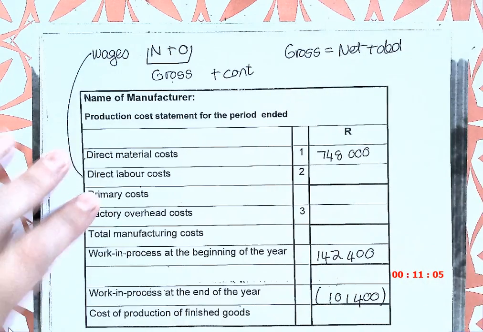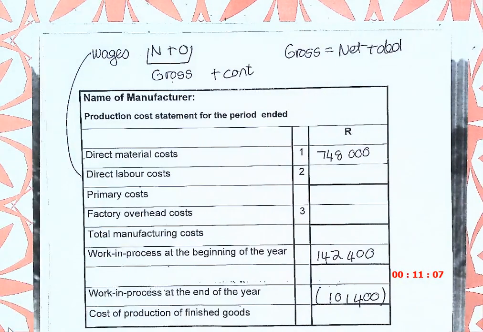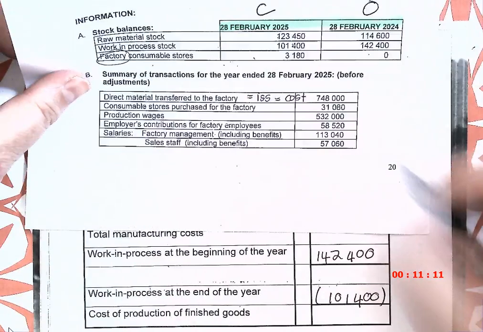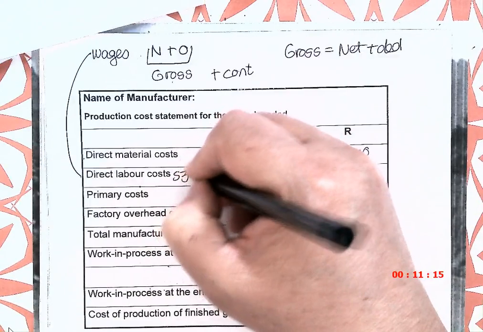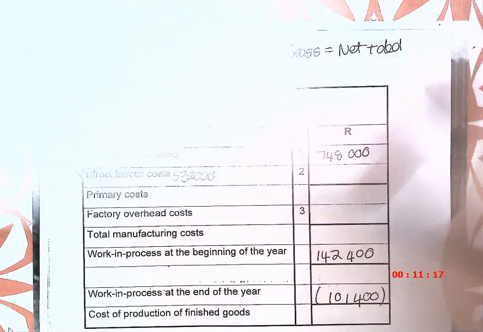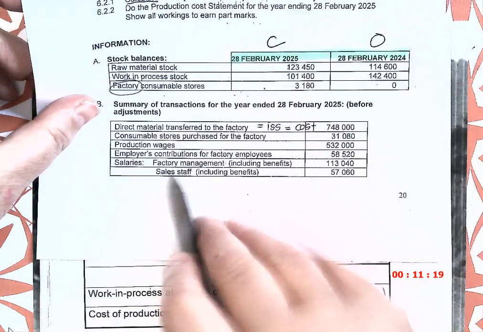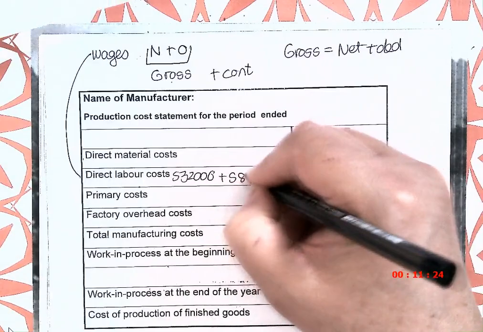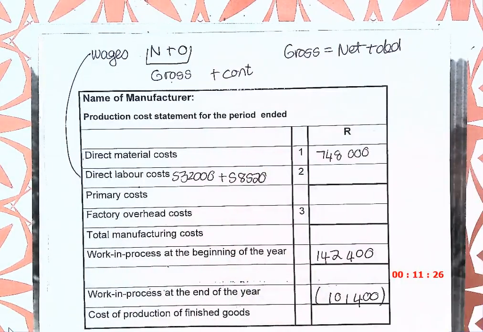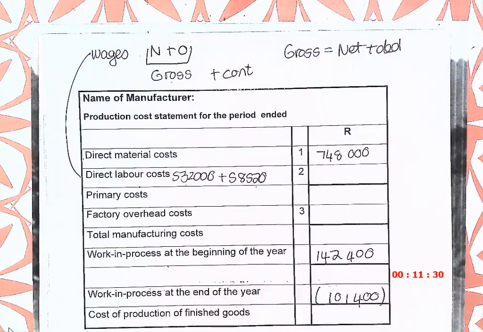You guys fine with that? So now if I read here, they give me my production wage is 532, and employer contributions 58,520. If there were no adjustment, that would have been fine because it's the gross plus the contribution.